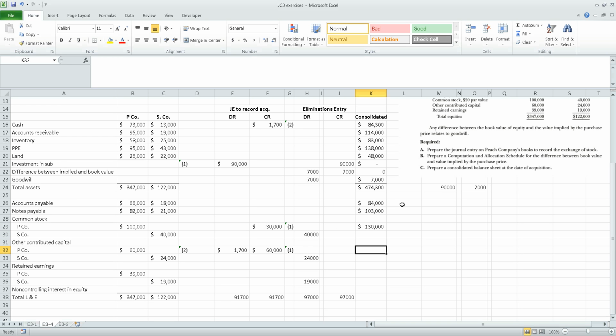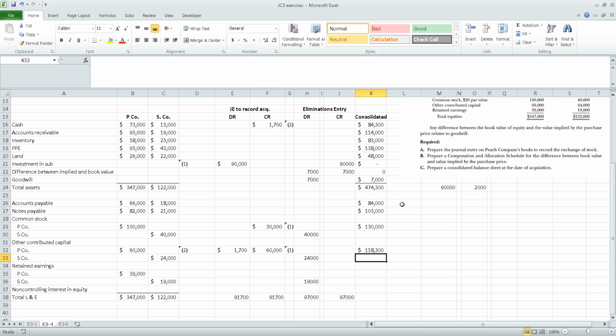For other contributed capital, P Company started with $60,000 before the stock issuance. They increased it by $60,000, the excess of stock issuance value over par value, and they reduced it by $1,700 in that journal entry for the registration cost. So the other contributed capital for P Company is $118,300.